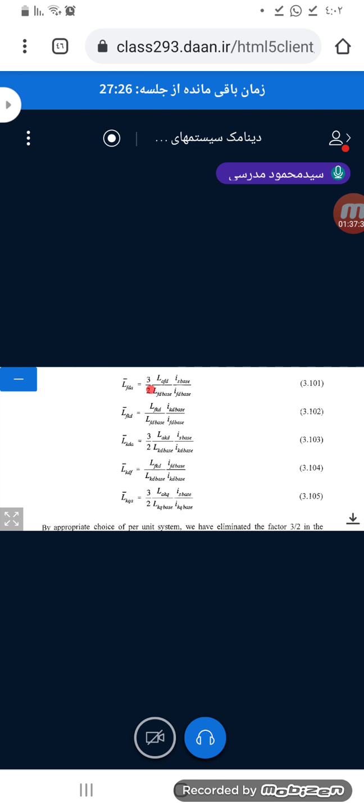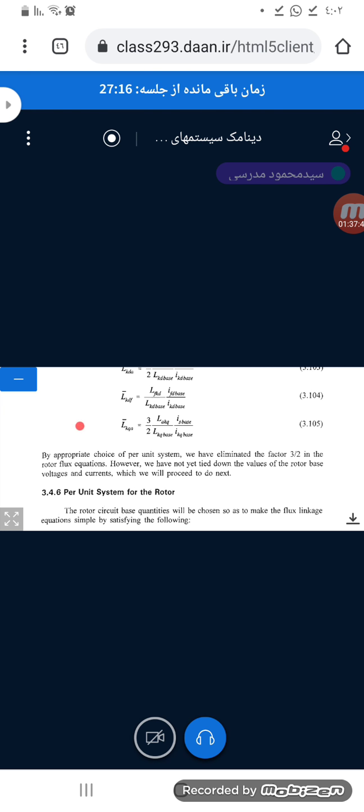That is the per unit value of L_FDA. With appropriate choice of per unit system, we have eliminated the factor 3 per 2 in the rotor flux equation.